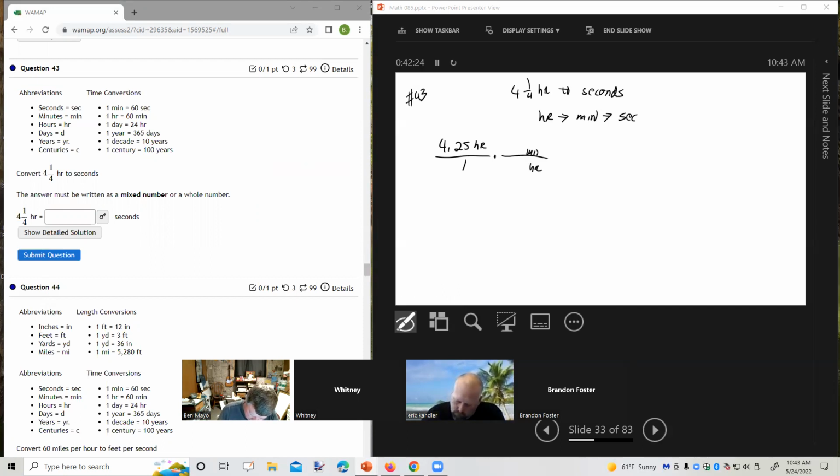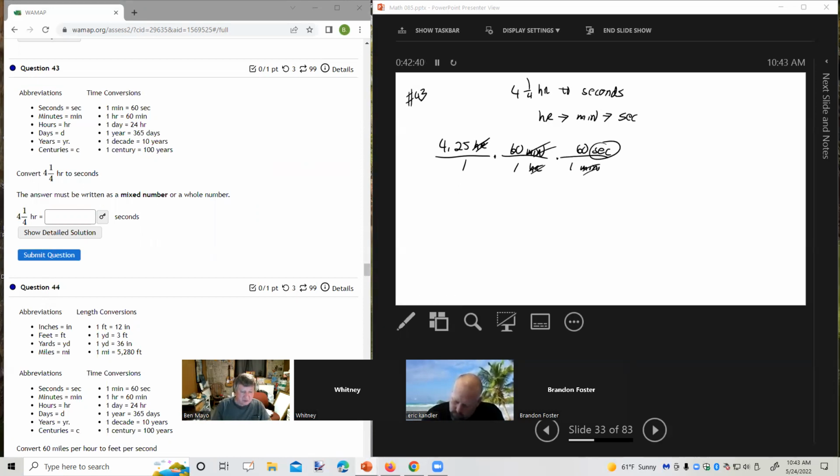Yes. Hours to minutes, 1 hour, 60 minutes, 1 minute, 60 seconds. Units of hours go away, units of minutes go away, and I have units of seconds. Ooh, slow down here.